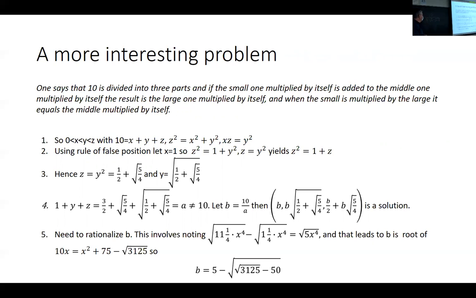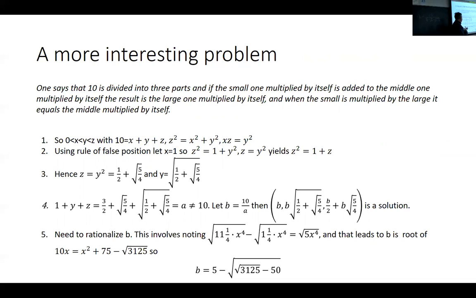To rationalize this, what he did was he proved that b was a root of this quadratic equation here. The interesting thing about it is that he is treating a quadratic where the number is something irrational.